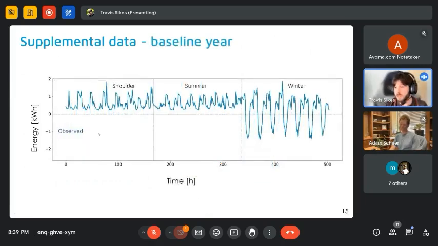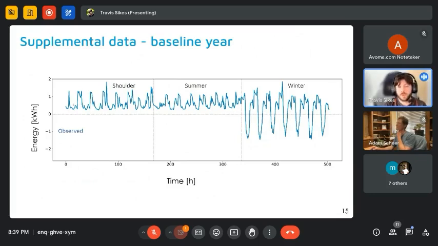Now we can make a load shape of this. This is the hour, the seasonal hour of week load shape, where the first group here is the shoulder, the second is summer, and the third is winter. This is 24 times 7, so multiply that by 3, which is how you end up with the 504.